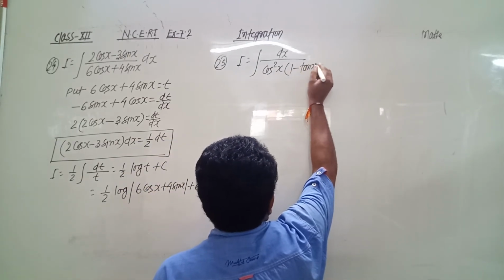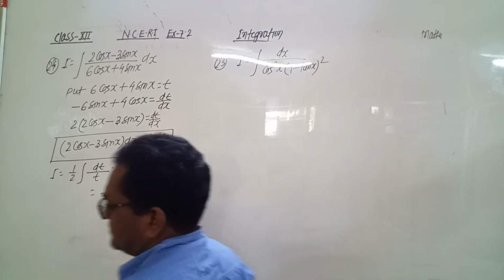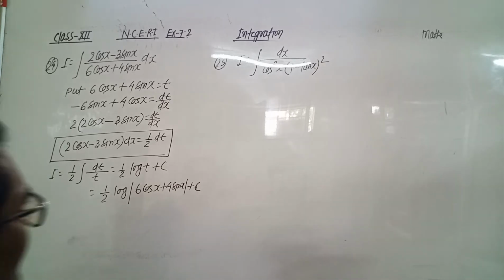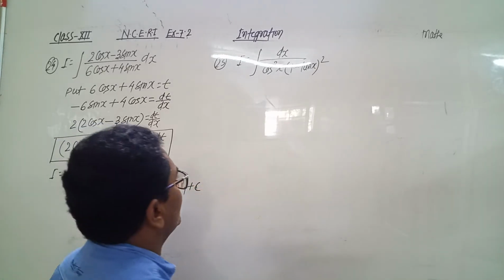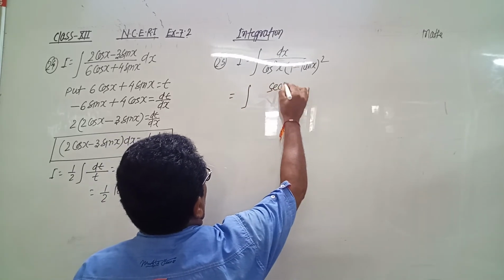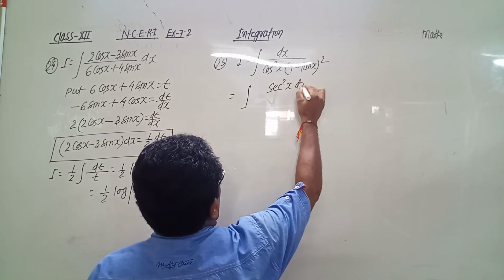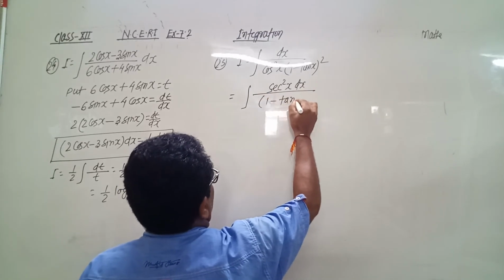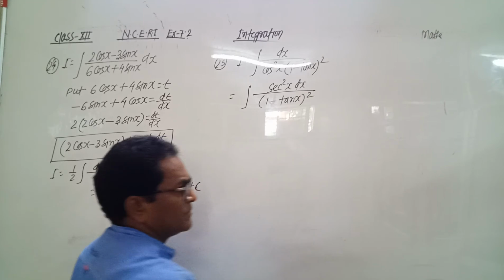So 1 upon cos square x is written as sec square x. So integration of sec square x dx upon (1 minus tan x) the whole square.